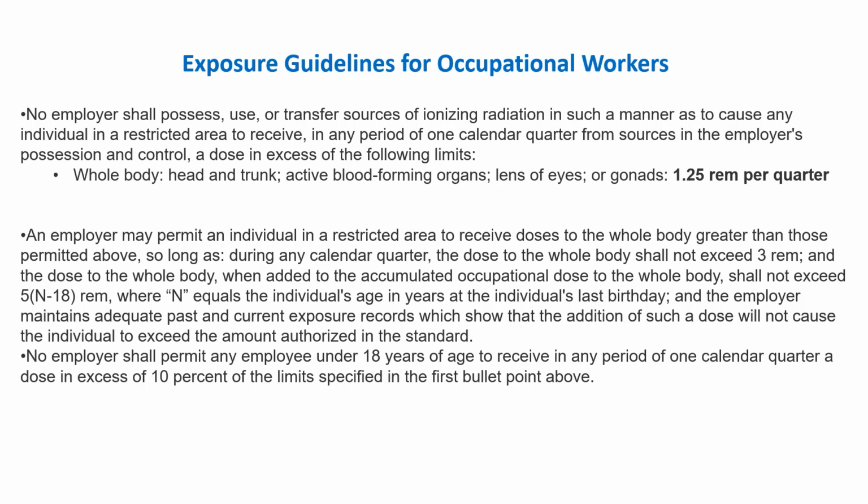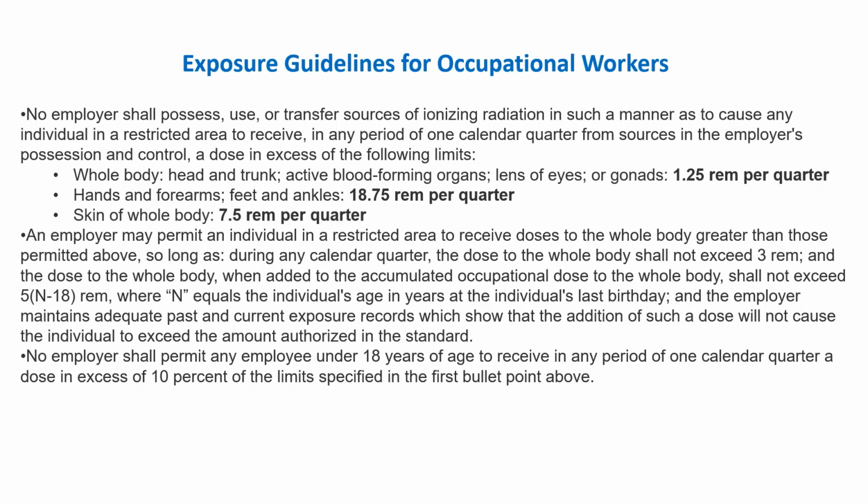Whole body dose, which is the head, trunk, active blood-forming organs, lens of the eyes, or gonads, 1.25 rem per quarter. Hands and forearms, feet, and ankles would be 18.75 rem per quarter. Skin of the whole body is 7.5 rems per quarter.